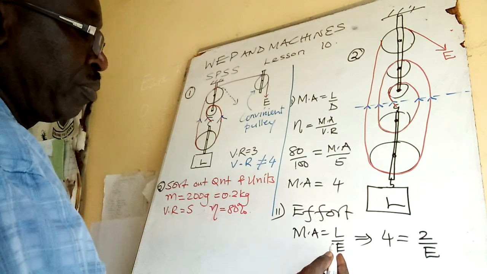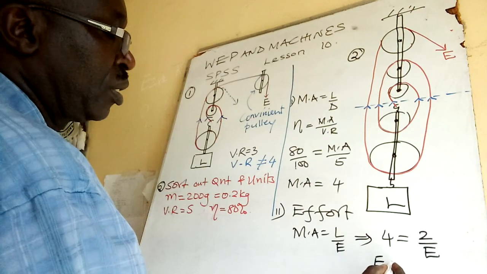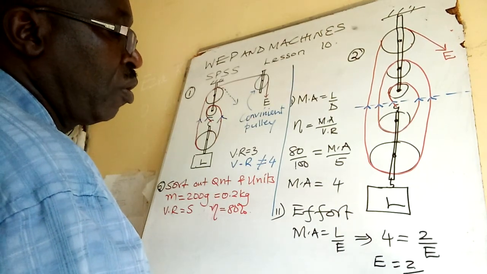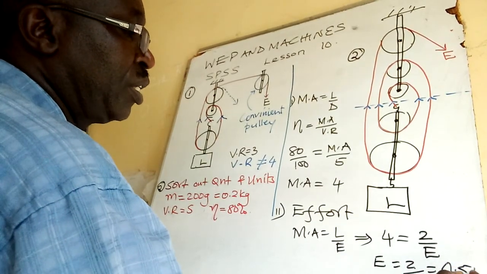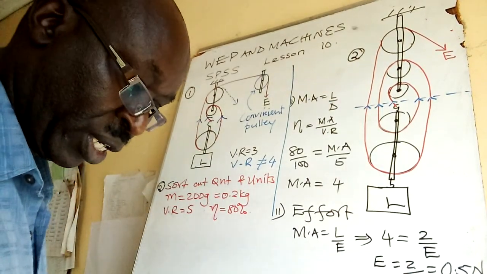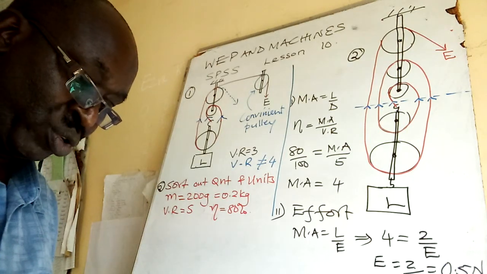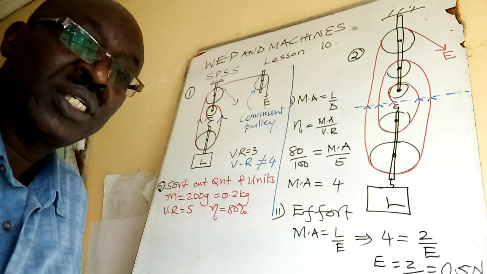Then I'm asked about effort, so effort is equal to 2 over 4, which is 0.5. This is in newtons. 0.5 newton. That is how you'd go about it.